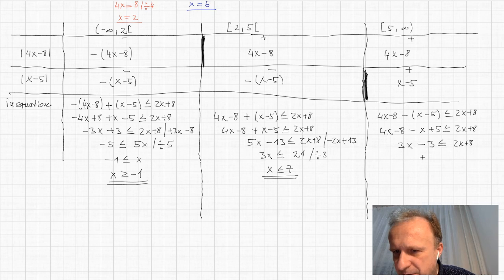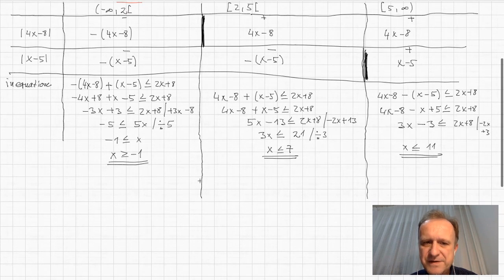Now we need to subtract 2x, and we need to add 3 to both sides. So what we get finally is x, subtracting 2x we get just x, is less than or equal to, and adding 3 to both sides you get 11. Okay, so this is the third preliminary answer.